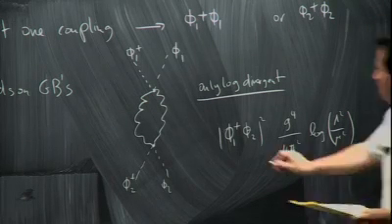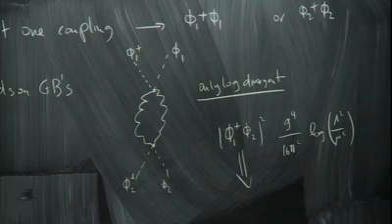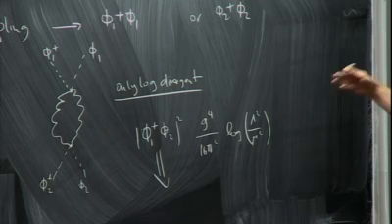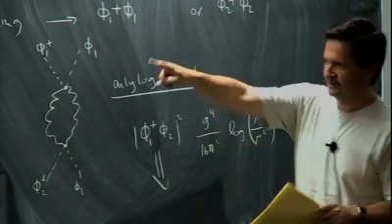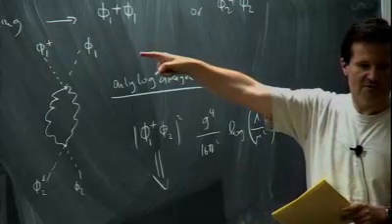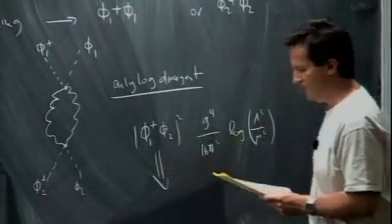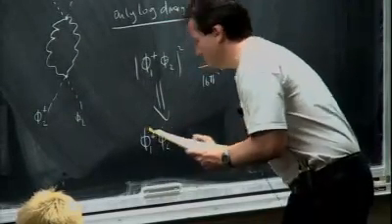Now this combination can depend on the Goldstones. The Goldstone does not drop out, because it's the difference of the two Goldstones that is the physical Goldstone. So you can express this in terms of the physical Goldstone.